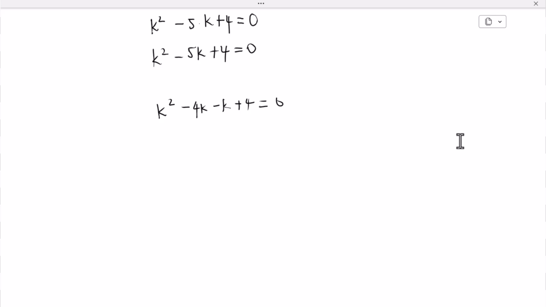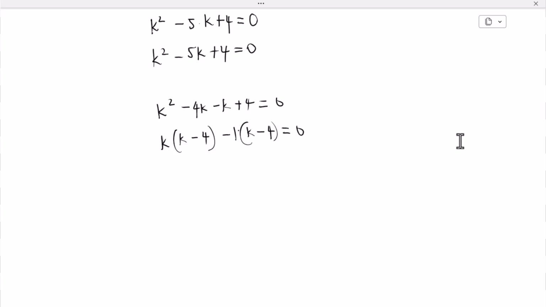Now we can have k outside the bracket, k minus 4, minus 1 outside the bracket, k minus 4 is equal to 0.